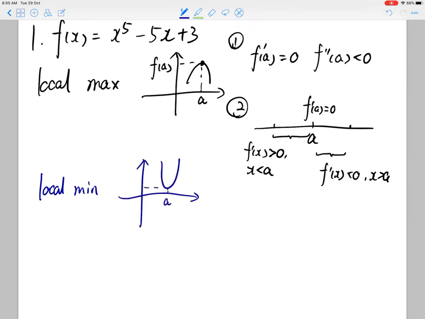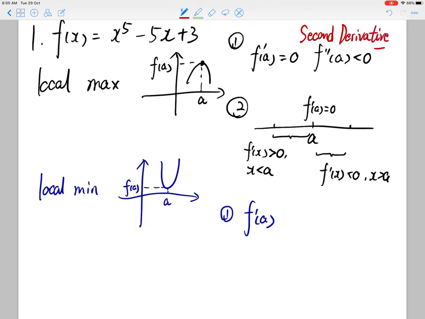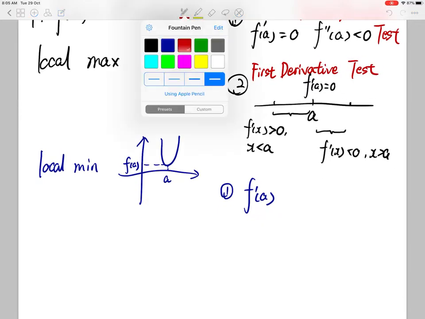By the way, the first way is called the second derivative test. And this method 2 is called the first derivative test. Both of them tell you whether this point is a local maximum. Then for the local minimum, it's just the opposite.